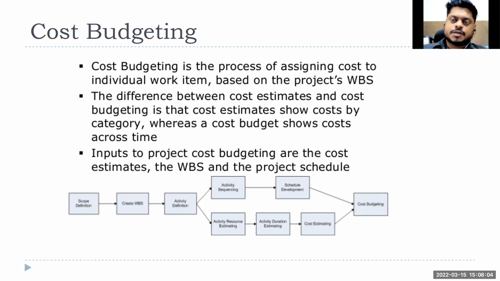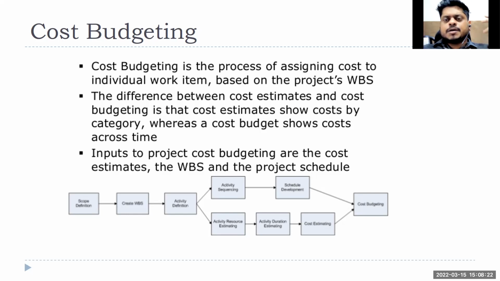That is the cost budgeting. If I put my cost estimation in the schedule, in the calendar, that becomes a cost budget. So a cost budget is nothing but the time-wise requirement of your money, the time-wise requirement of your cost. A breakup of cost in a time frame.